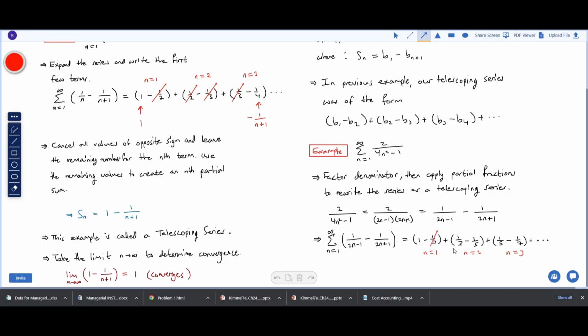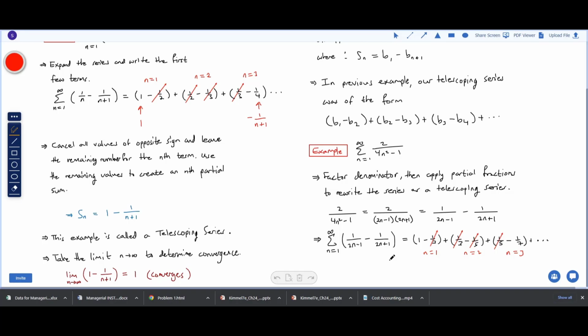So minus a third and positive a third cancel. Minus a fifth, positive a fifth cancels. So for n equals 3, we end up only with the first value from the first term, the 1, minus 1 over 7. The 7 is just 2 times the 3, plus 1, so it's 1 over 2n plus 1.